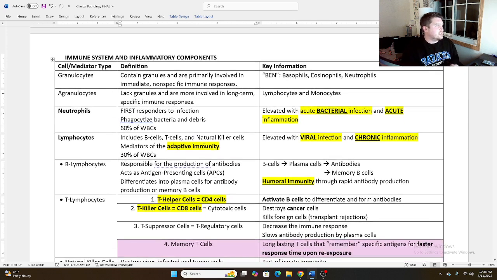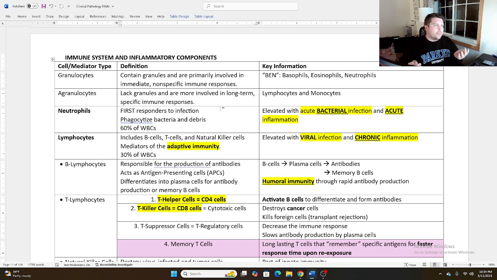So for example, neutrophils. We mentioned this previously, how with acute inflammation, neutrophils are the first ones to pop up. Anytime we have a question that specifically states that neutrophils are high, we did lab work, neutrophils are high.